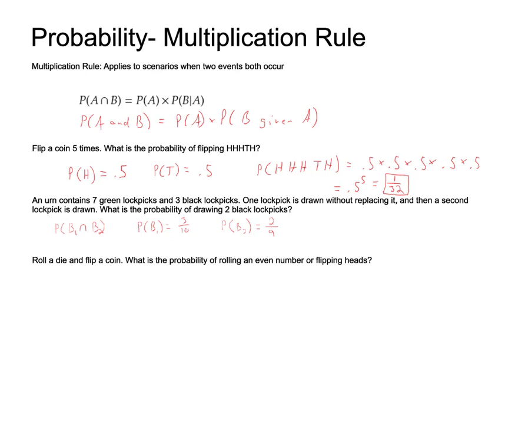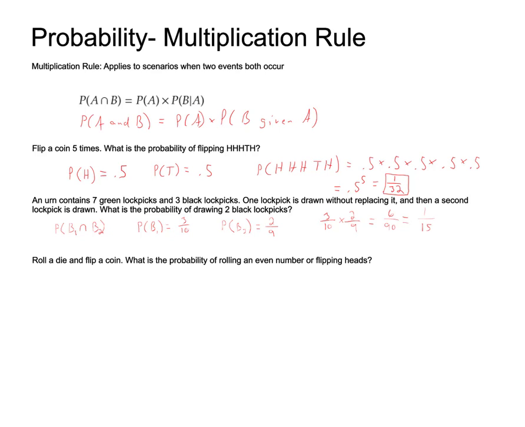So the probability of drawing 2 black lockpicks is now going to be 3 out of 10 times 2 out of 9. And that's going to give us 6 out of 90, or 1 out of 15.